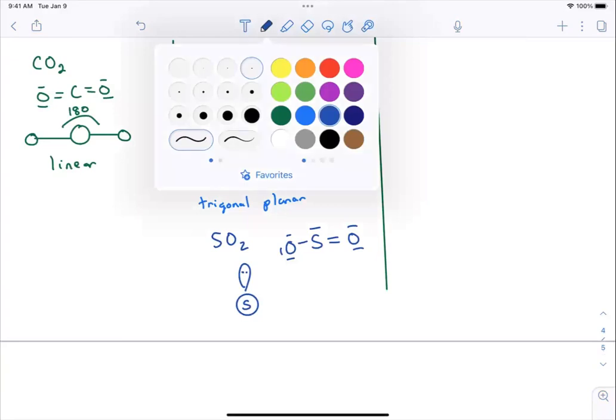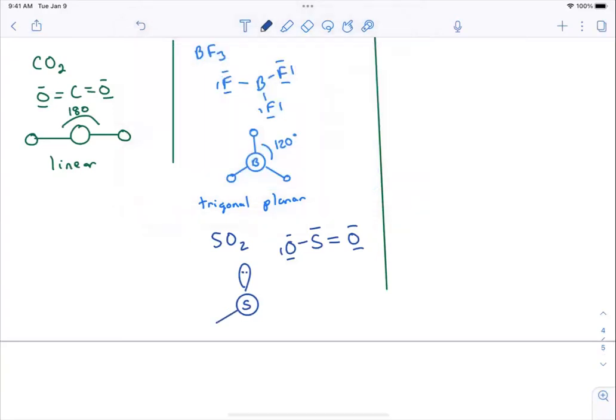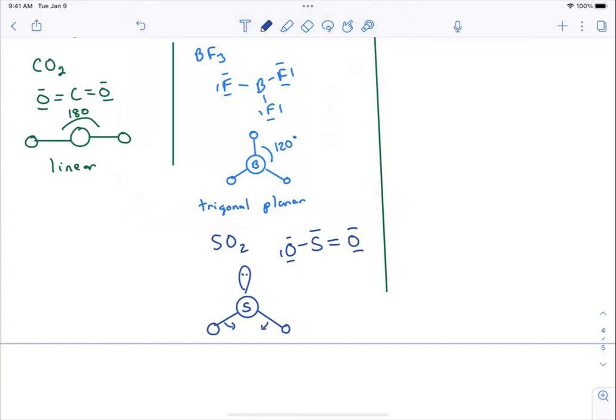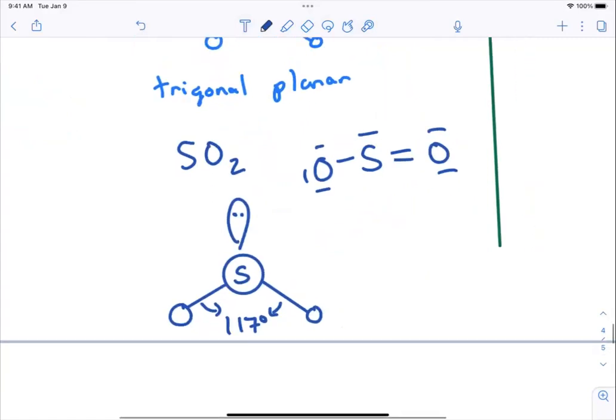And the other two are still there. But what does that lone pair do to those bonding pairs? Repels them downward. It pushes them closer together because the lone pair has more repulsion than the bonding pairs. So these end up going toward each other, and the angle gets slightly smaller. It turns out it's 117 degrees.